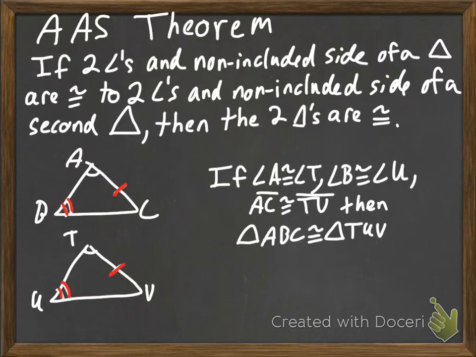But this is the picture we have, so it makes it true. We know if angle A is congruent to angle T, angle B is congruent to angle U, and AC is congruent to TV, then we can say that triangle ABC is congruent to triangle TUV. That's the angle, angle, side theorem.